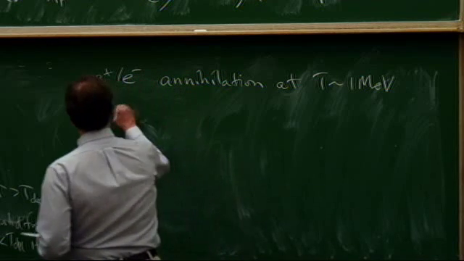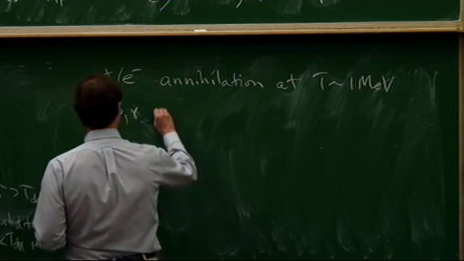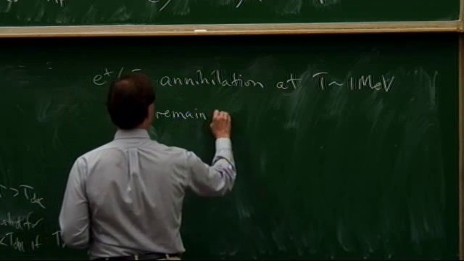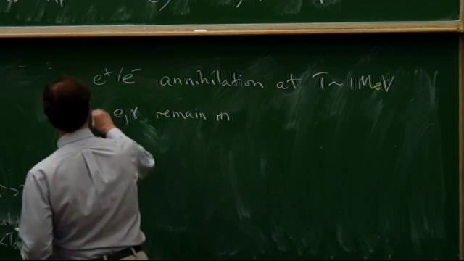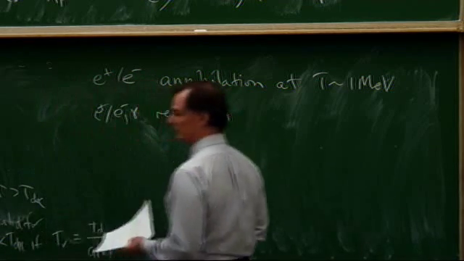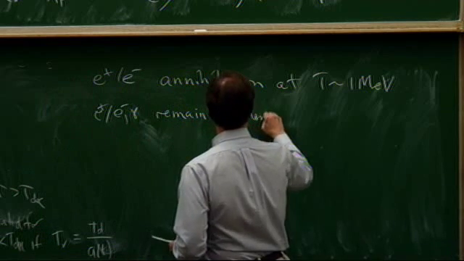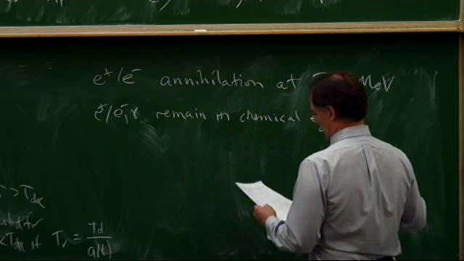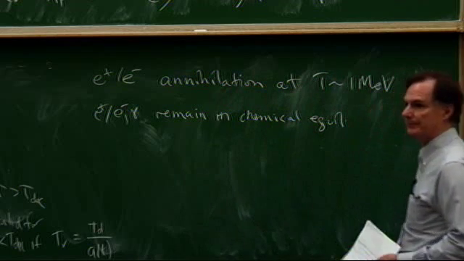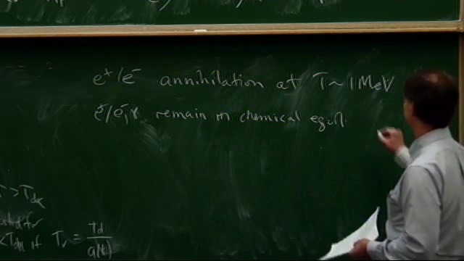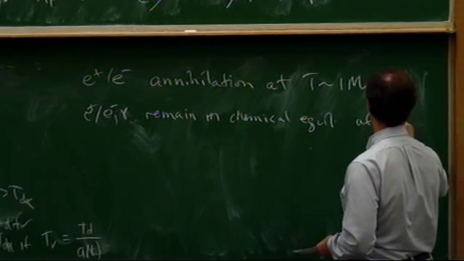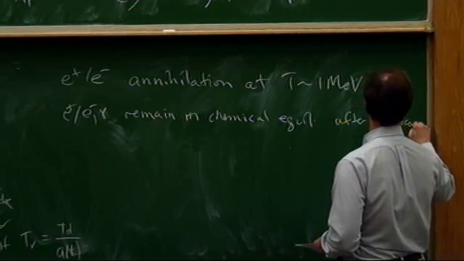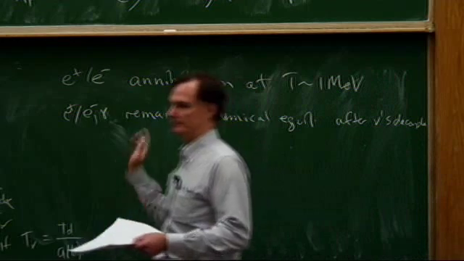The electrons and the photons remain in chemical equilibrium. And of course, when I say electrons, I mean positrons and electrons, in chemical equilibrium even after neutrinos decouple. And in fact, for quite a long time.